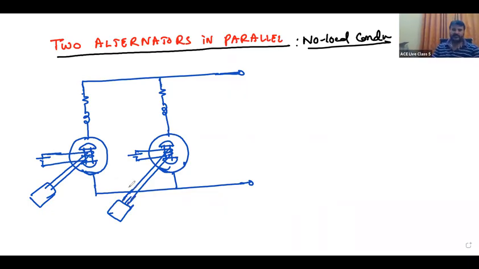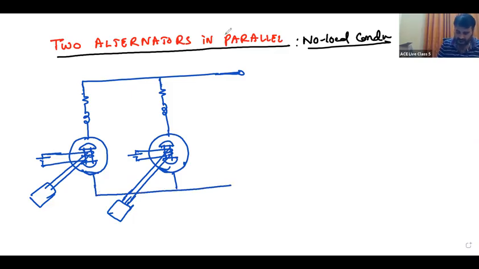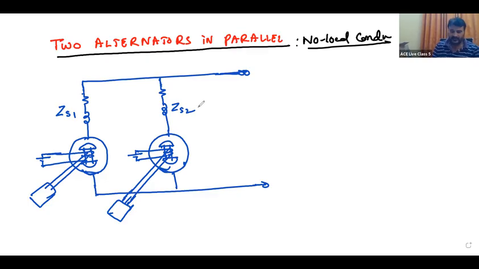So these are the two alternators connected in parallel. This is ZS1, and this is ZS2, the impedance of the machines.